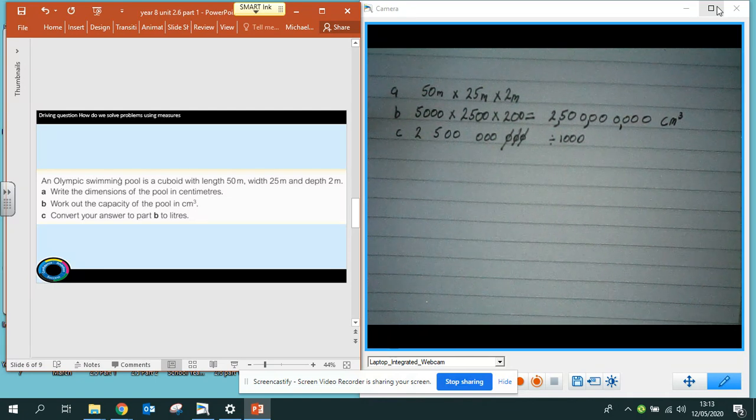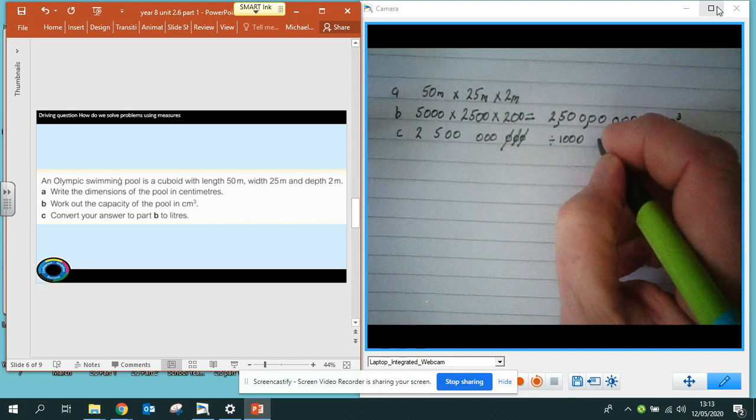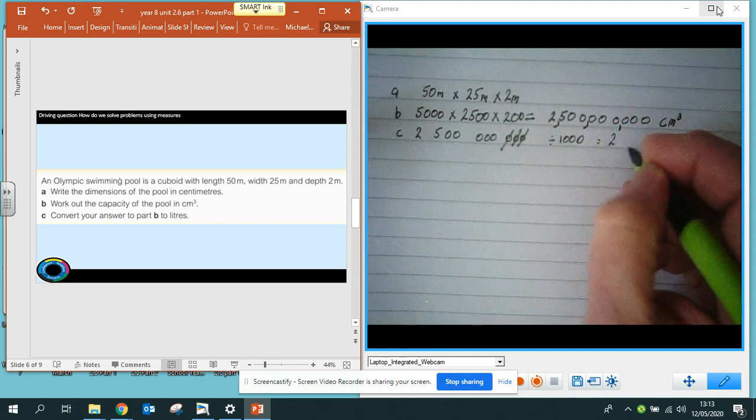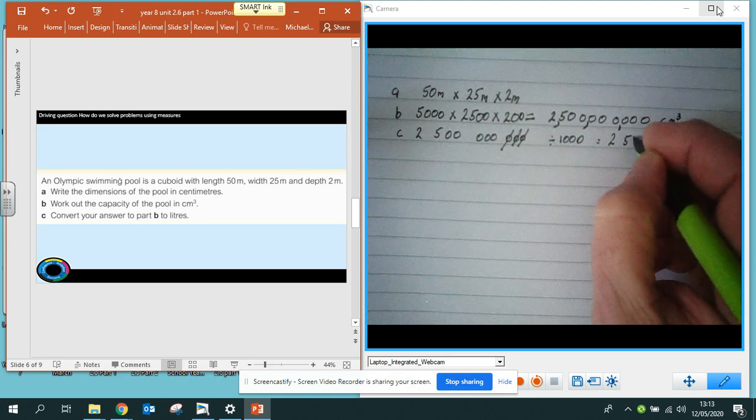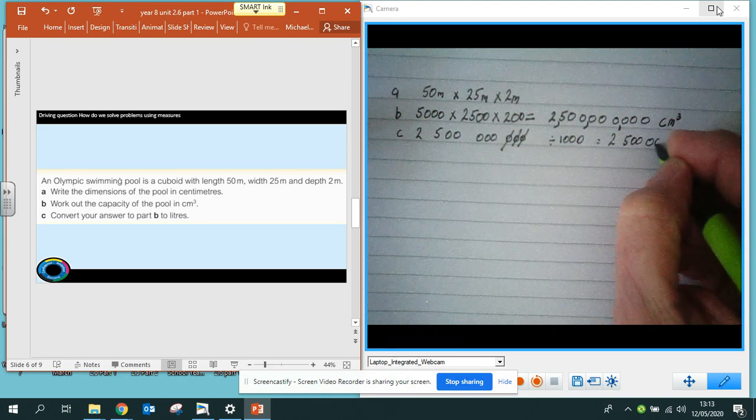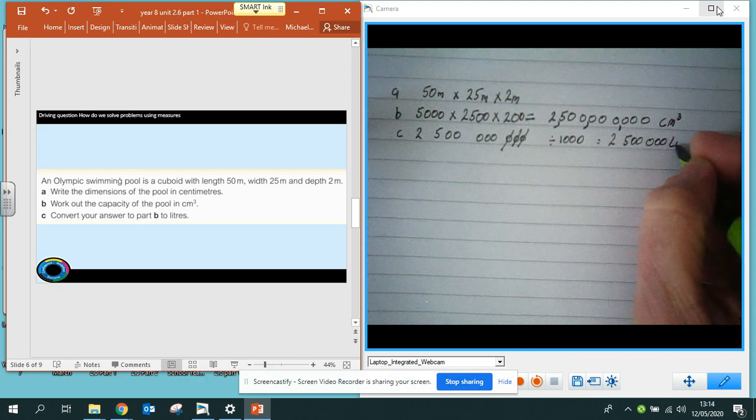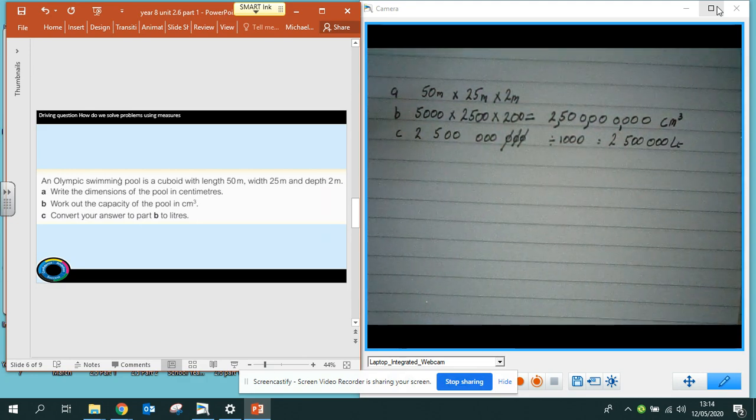If I cross off 3 zeros, I am left with a much easier number, which is 2,500,000 liters. So that's still a very, very big pool.